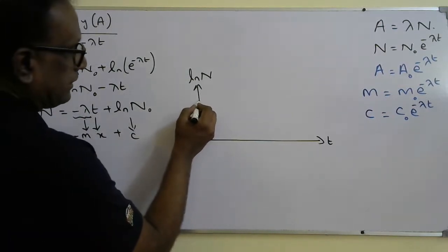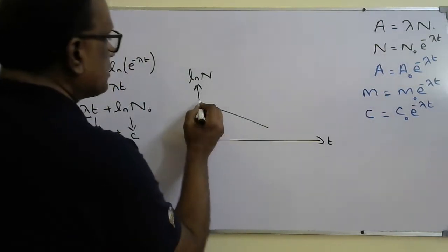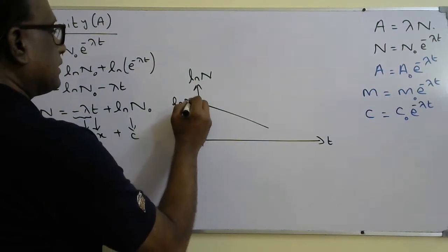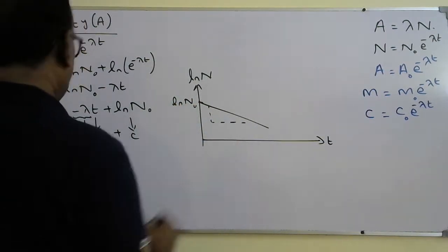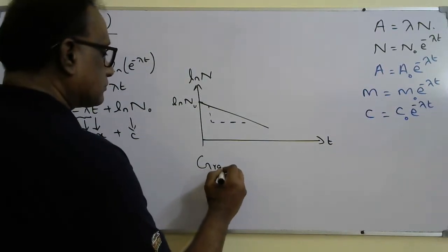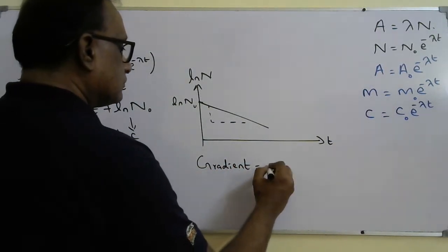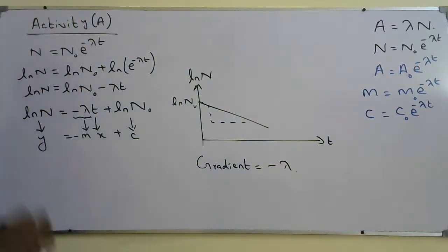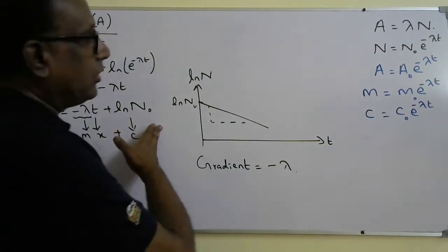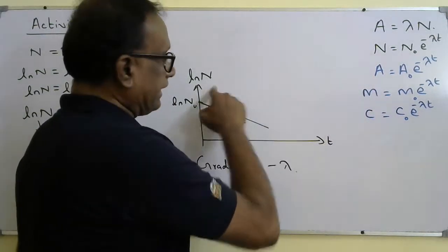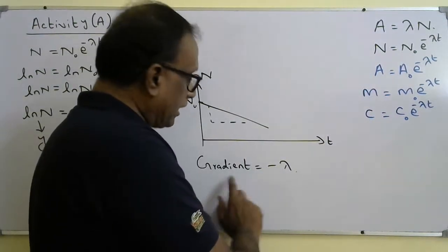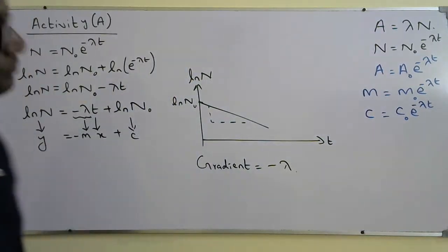The graph will be a straight line like this. Here this is ln n naught, and the gradient of the graph will give minus lambda. The same way we can plot a graph for ln A against time, the same shape, and the gradient will become minus lambda.